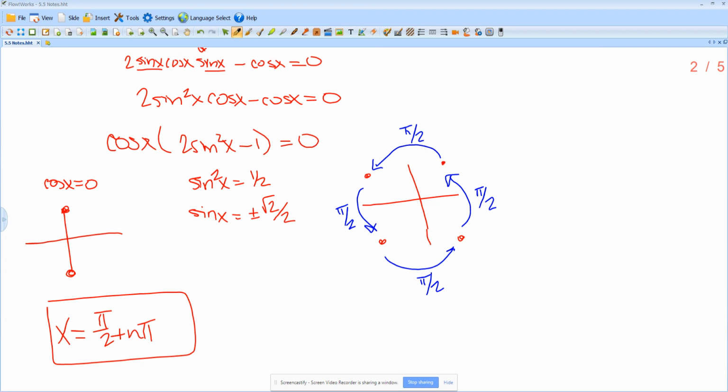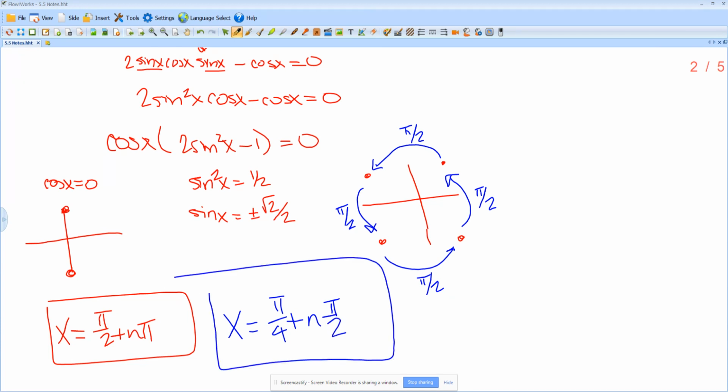You're looking at all 4 of those being equidistant. And that tells us we can write it as one equation, starting with the smallest angle, pi fourths, plus whatever the period is. Here, the period is only going to be pi halves, and we put that little n in front of it. So x equals pi fourths plus n pi halves. And again, that's just saying that this repeats, or you can get to a solution every pi halves.